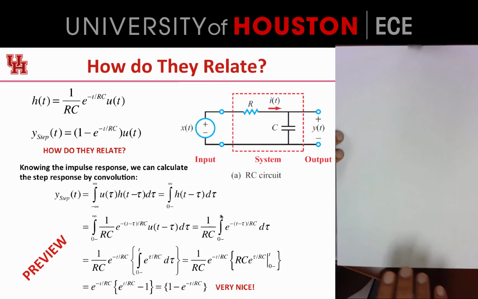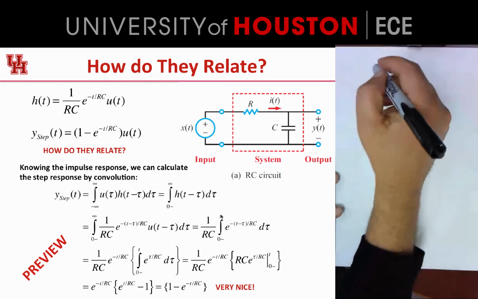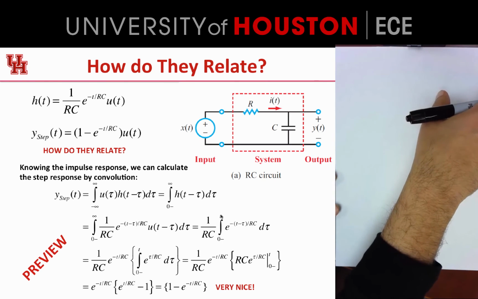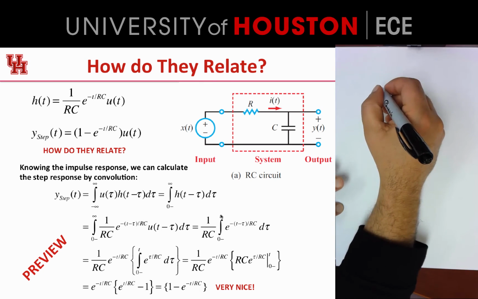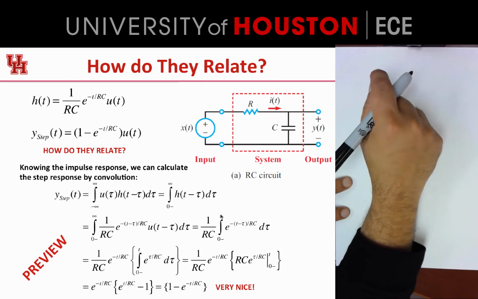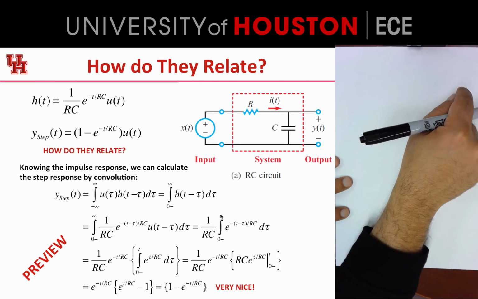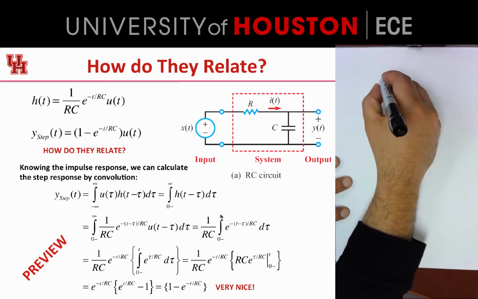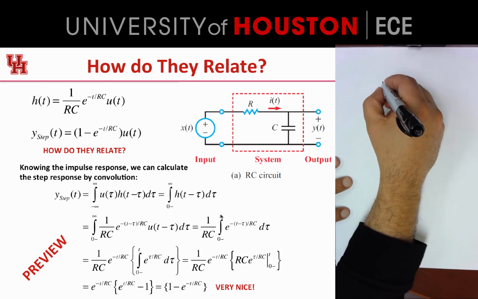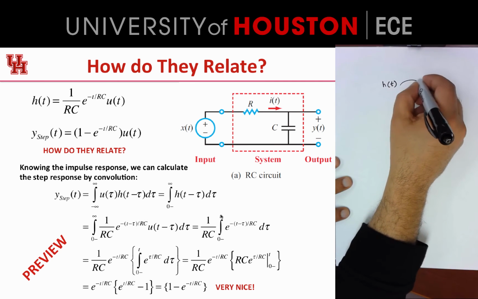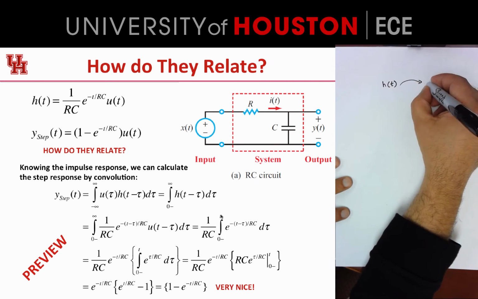I realize that we haven't talked about convolutions yet, so think of this particular slide as a bit of a preview of what's to come, but the reverse also works. In other words, if you know the impulse response of a system, you can use that to calculate the response to a step.